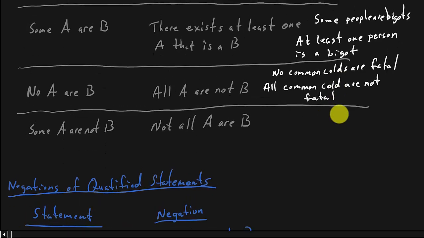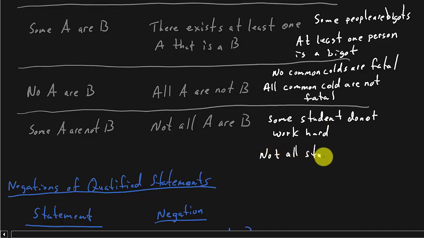What about this? Some A are not B. Not all A are B. So how about this one? Let's see. Some students do not work hard. Some students do not work hard. So another way we could write this is, not all students work hard.